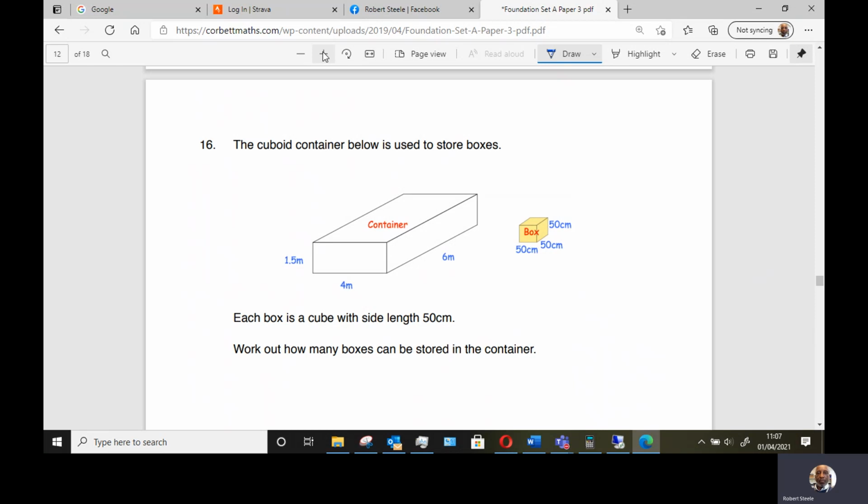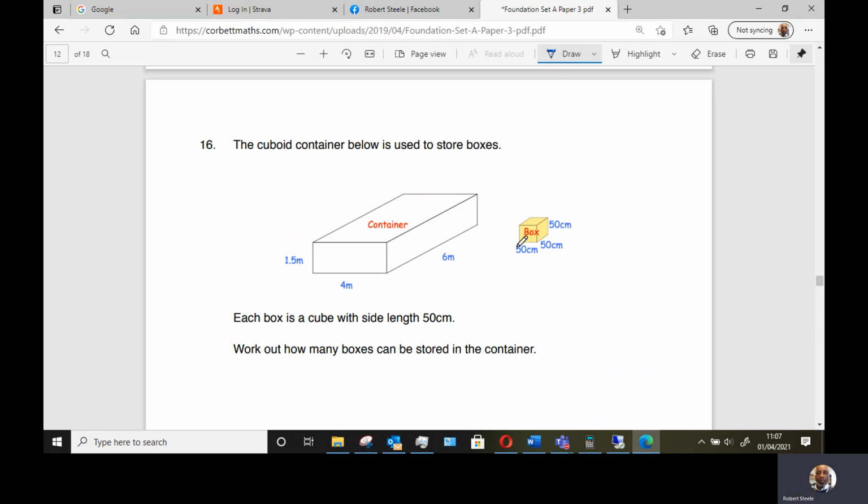A bit of zoom, see that better. There we go. If you get a box within a box question, I have a tip for you. Rather than work out this volume and work out this volume and see how many times this goes into this, my recommendation would be to look at these measurements.